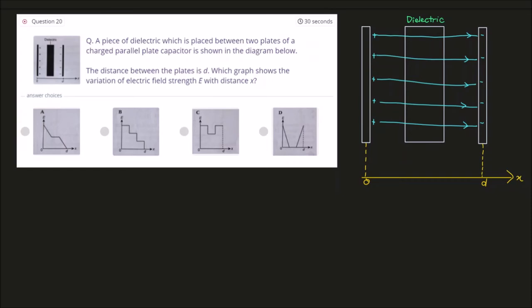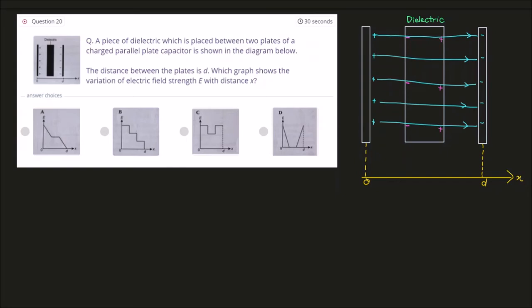I will represent it in pink maybe. So you have oppositely charged induced charges, over here and over here. You induce a negative charge on the surface of the dielectric which is near the positive plate, and of course, you induce a positive charge on the surface which is near the negative plate.